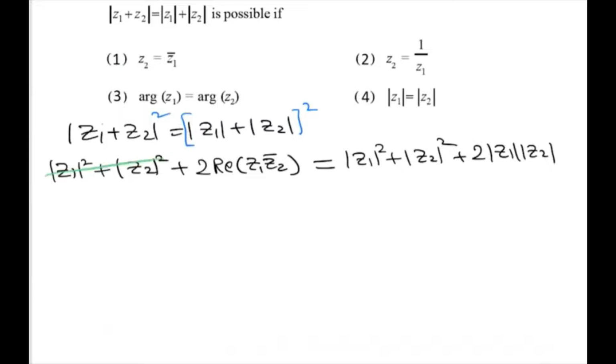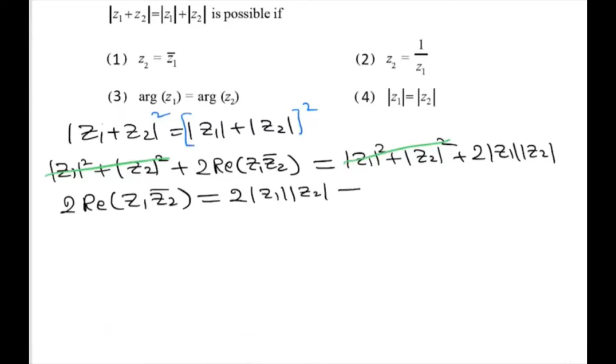On either side, these two get cancelled. So now 2 times real part of z1 z2 bar is same as 2 times modulus of z1 into modulus of z2. Let us call this as 1.